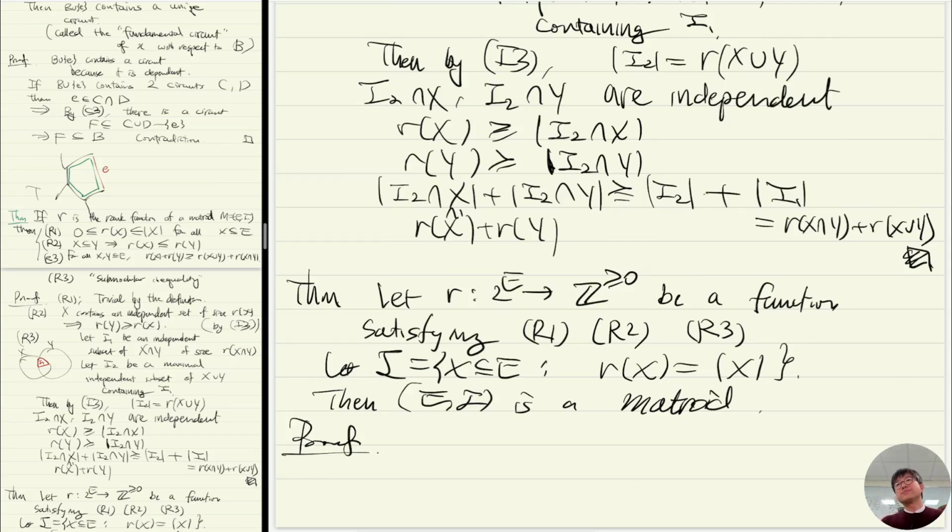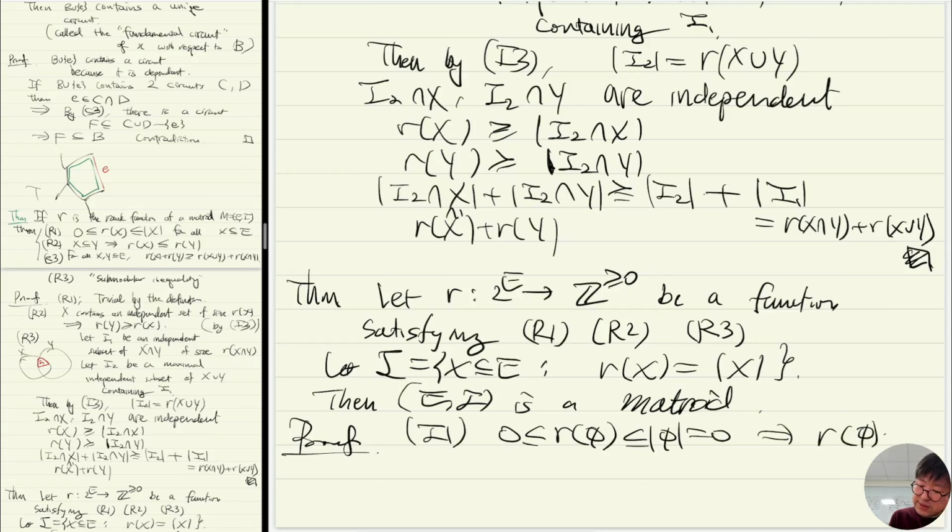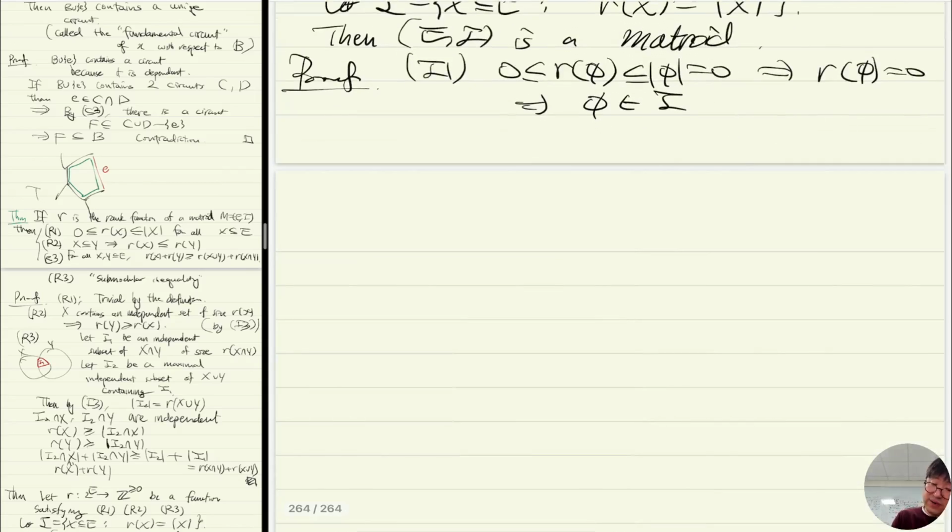Why is this true? What about I1? Rank of the empty set is between 0 and the size of the empty set. So rank of the empty set is 0, so that means the empty set is in I. So that's fine. What about the second one?